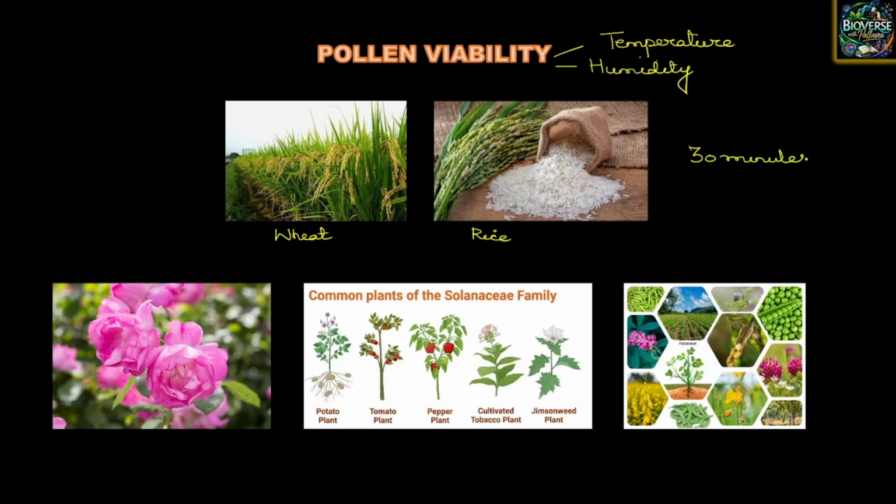While in certain families, like this rose plant, which belongs to the family called Rosaceae, then Solanaceae, in which you have members like potato, tomato, even eggplant, and the leguminous plants called Leguminosae, or Fabaceae, the families in which you see all the different kinds of beans, then rajma, chola, these all have pollen viability that lasts for a few months.